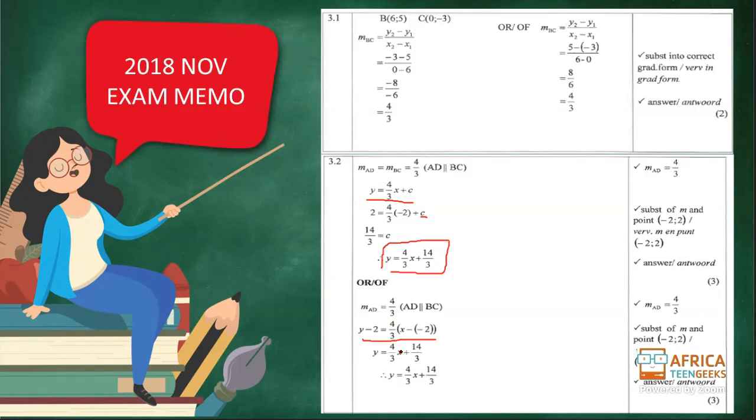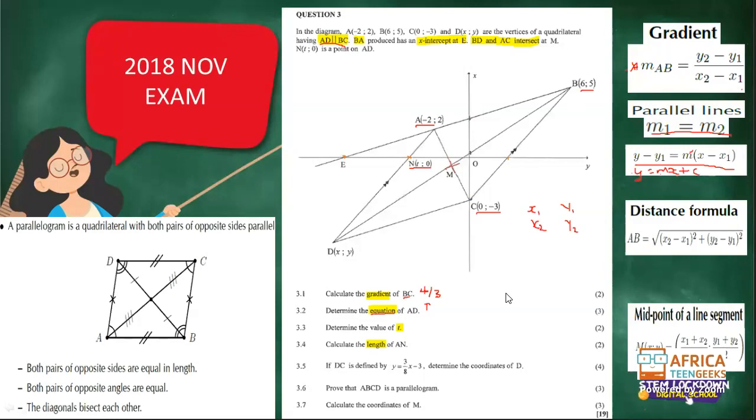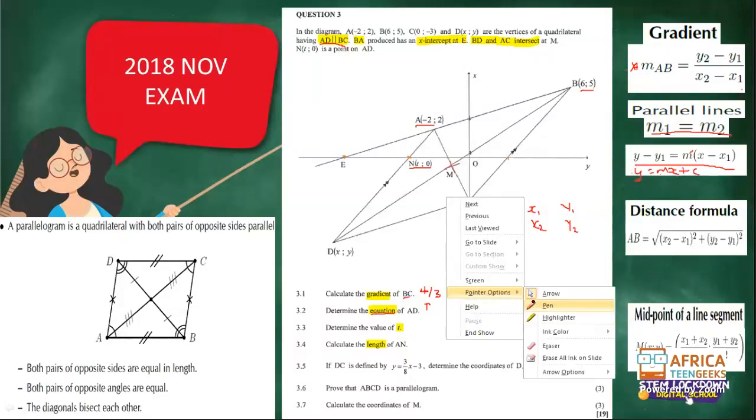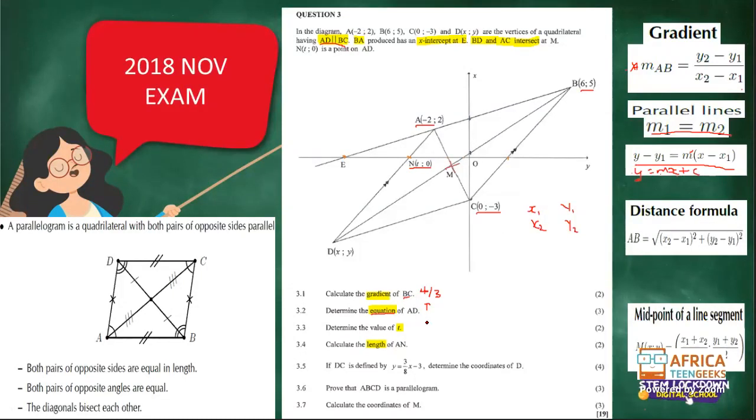So from our equation, this is our equation.